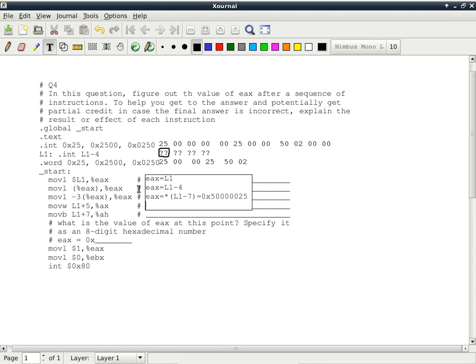AX turns out to be the least significant 2 bytes of EAX. Okay, so that means AX is the same as dereferencing L1 plus 5.